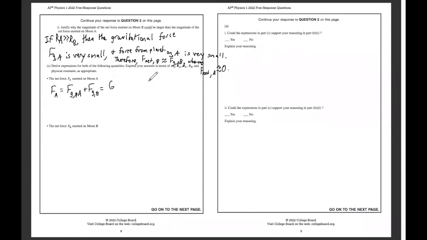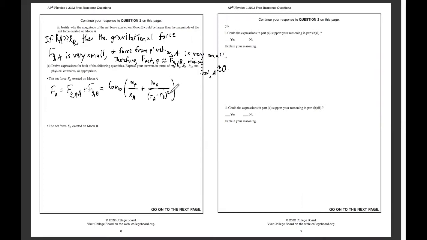I'm also going to put the mass of the moon outside as well. And so then the planet has mass m sub p, and it's a distance r a from the moon. And then in addition to that, what I'm going to have is m sub B for the mass of moon B divided by, now what's the distance between moons A and B? Well, it's going to be RA minus RB squared.